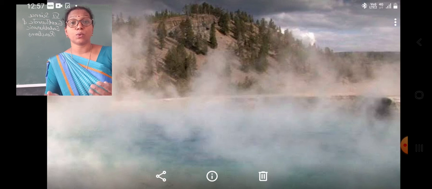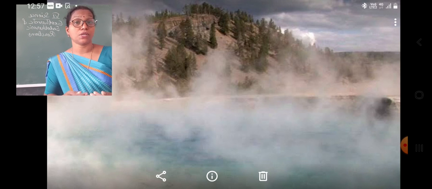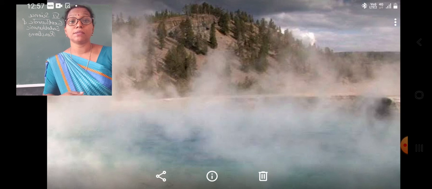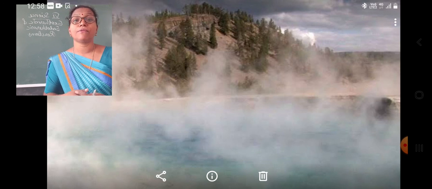When the clouds cool down, precipitation occurs, they fall as rain. So students, in the process of evaporation of water bodies, the water evaporates. That is also an example of endothermic reaction.